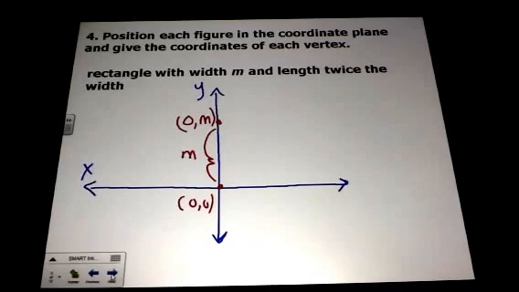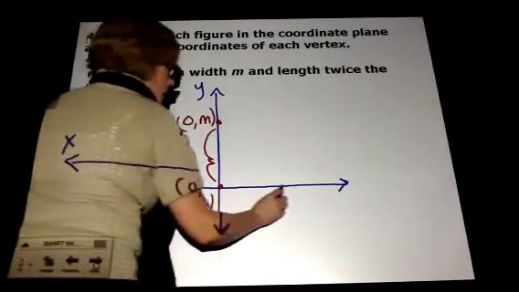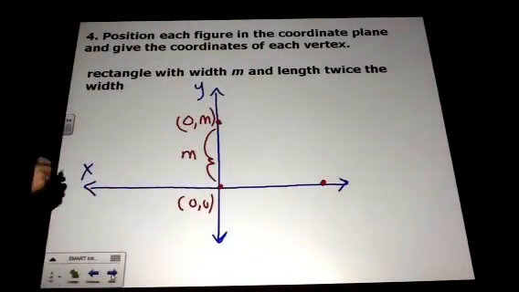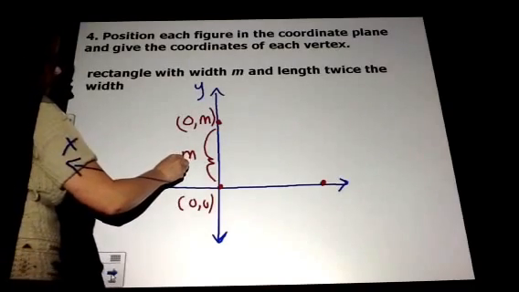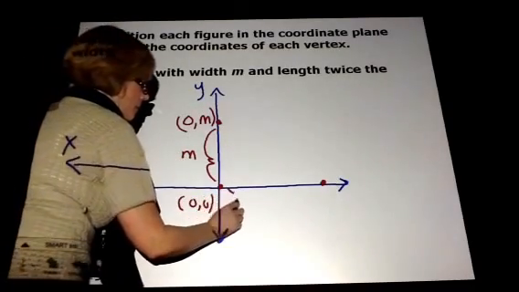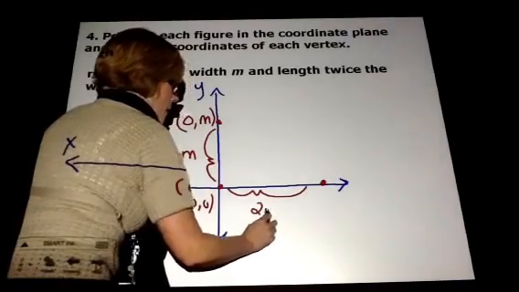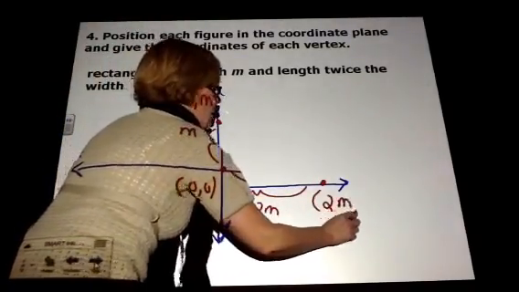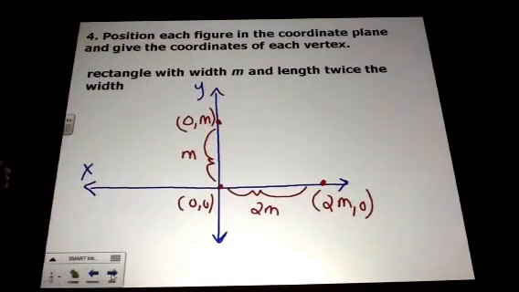All right. The length, which is going to be this, is going to be twice the width. Well, if the width is m, the length is going to be 2m. So this vertex here is going to be 2m, 0.